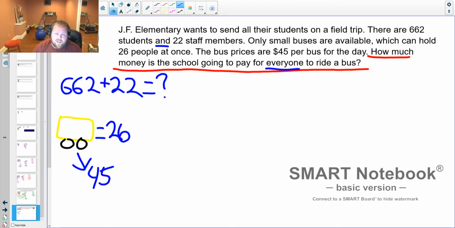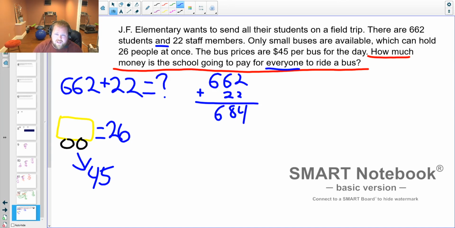It's okay. So, what are we going to do to figure this out? We have a few steps that we need to take. I'd say the first step, make sure we know how many people are going. So 662 plus 22 equals 2 plus 2 is 4. 6 plus 2 is 8. 6 plus nothing is, well, nothing.